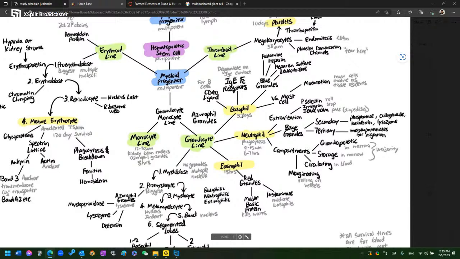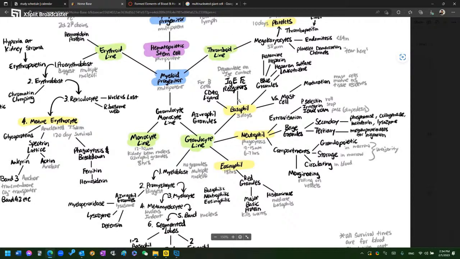And the base-loving one, the basophil, is stained because it has histamine, which is very involved in allergic reactions, and it attracts the basic dye.